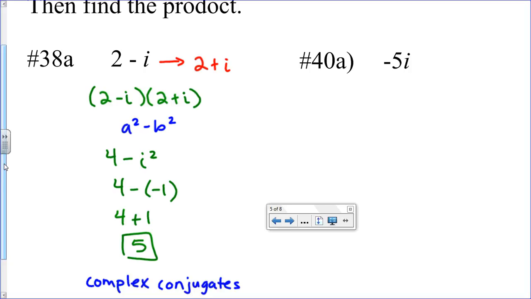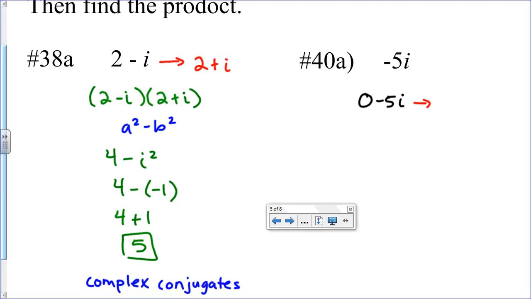Well, first of all, what is negative 5i as a complex number? What is negative 5i in a plus bi form? 0 minus 5i. So if you think of it as a complex number, writing it with the 0, then the conjugate isn't too difficult to find.